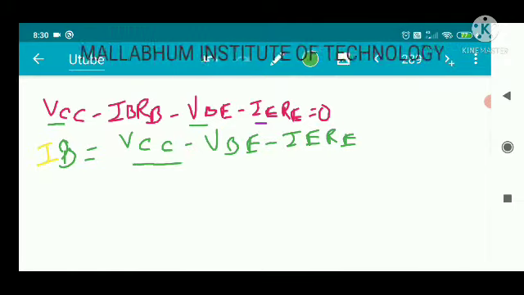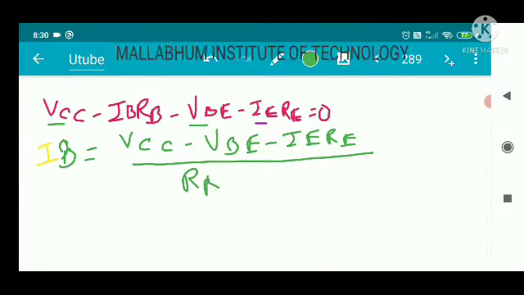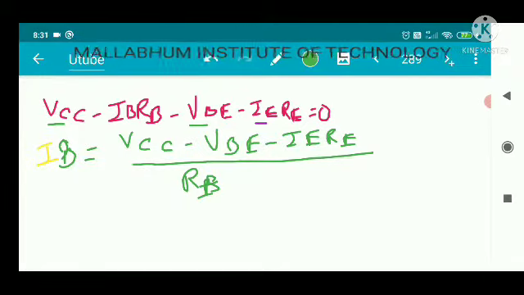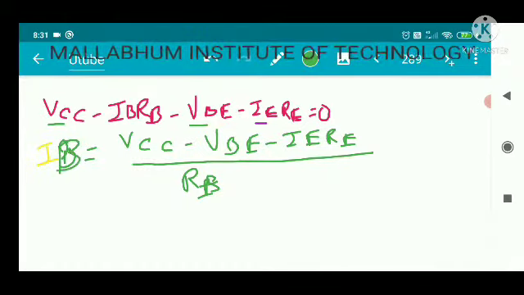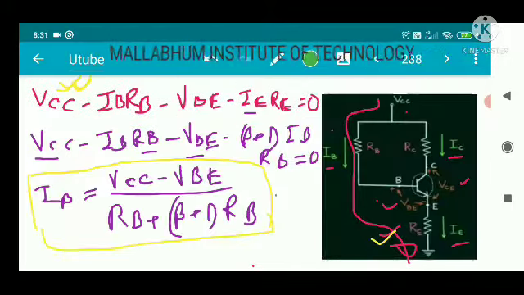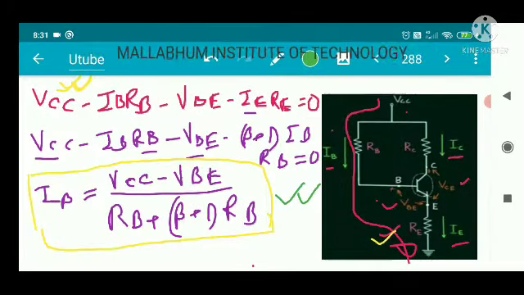This expression will be required at some point of time. So this is the value of your IB; there are these two expressions.